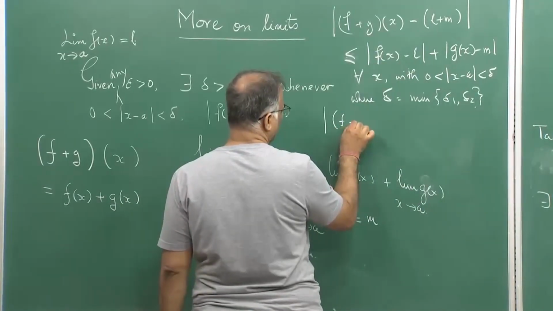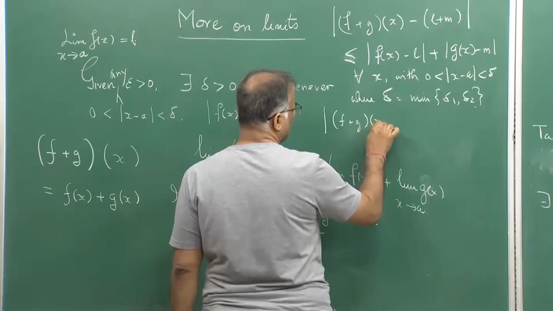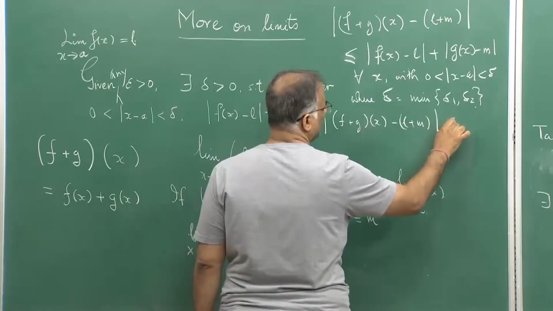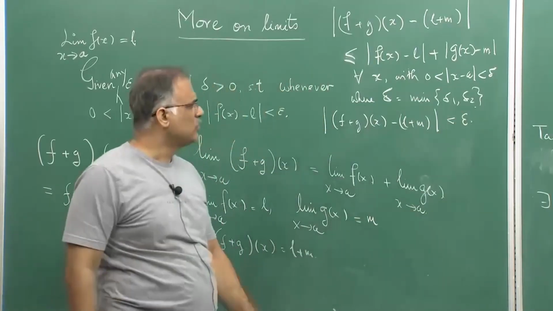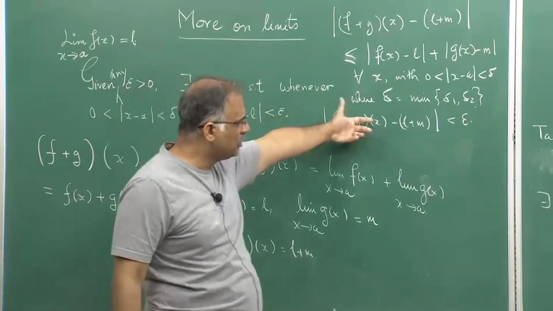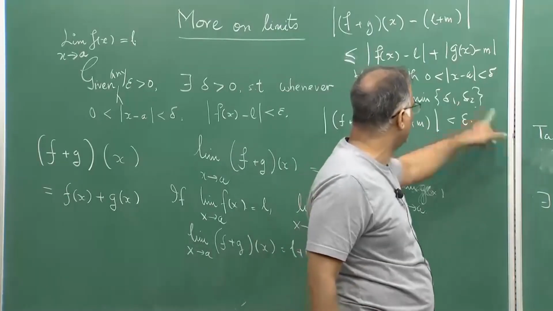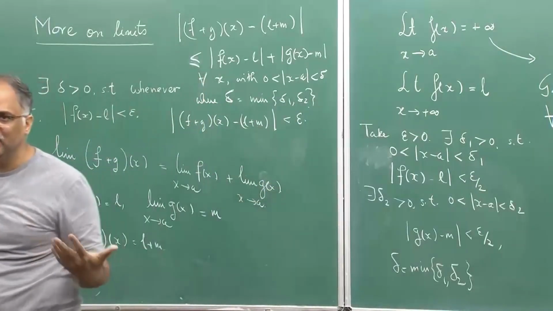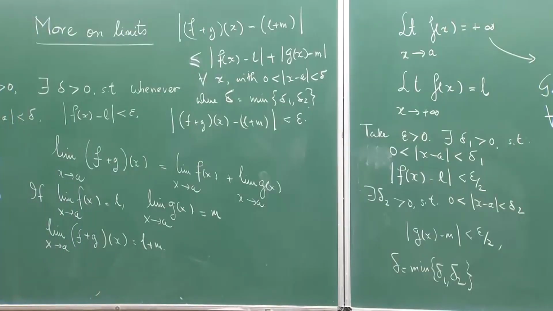So I will have |(f plus g)(x) minus (L plus M)| strictly less than epsilon. So whatever epsilon I choose, this is my delta for which this is happening. So L plus M is the limit of f plus g, if L and M are the individual limits.